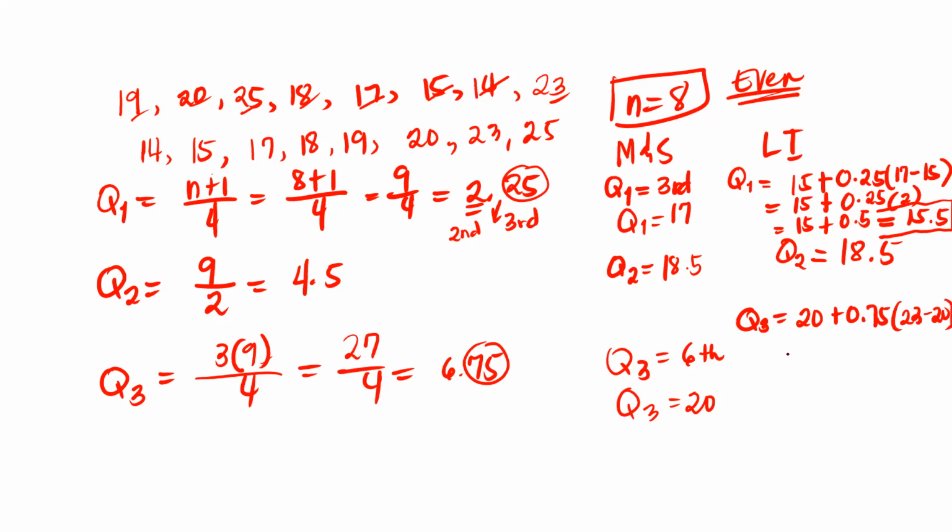So what is the difference of 23 and 20? That is 3. So 0.75 times 3. That is the answer. Plus 20. Diretso nyo na.